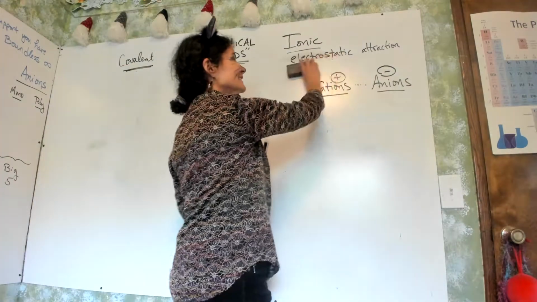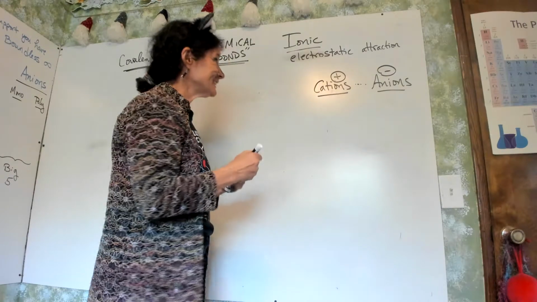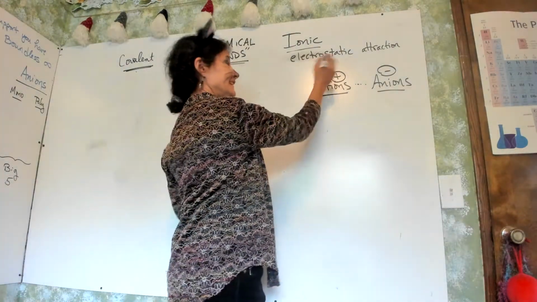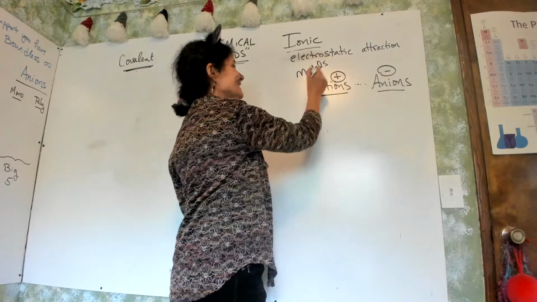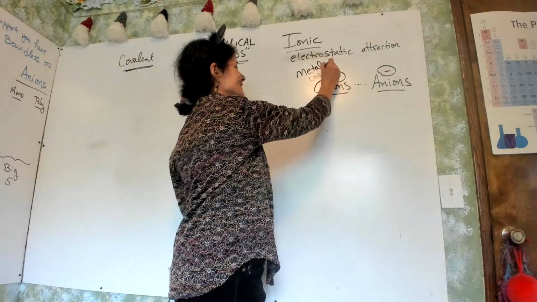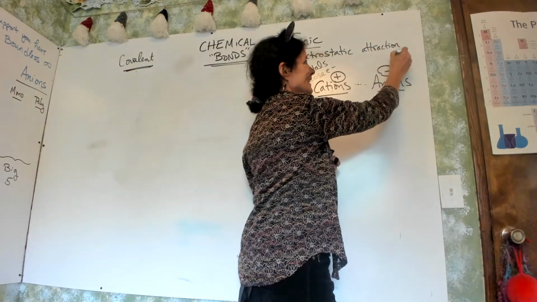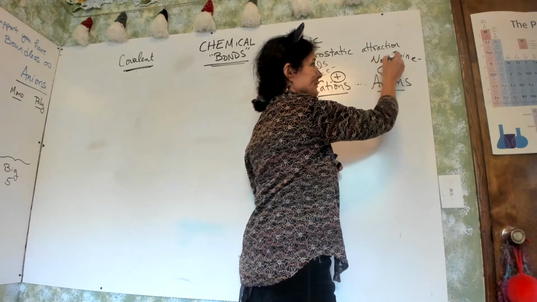And cations, who remembers? I can call on somebody. I'm calling Katie, because her name spells cat. And she would say metals. I know that. Metals. Because they lose electrons. And anions gain electrons. And they are formed by nonmetals.